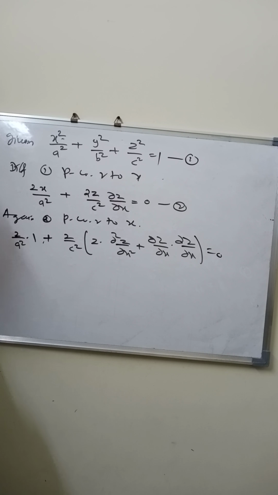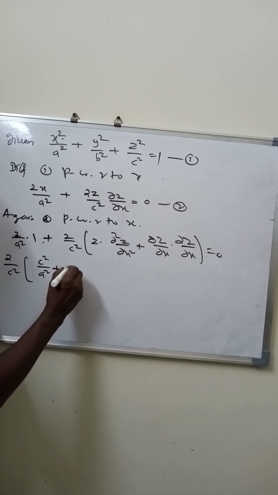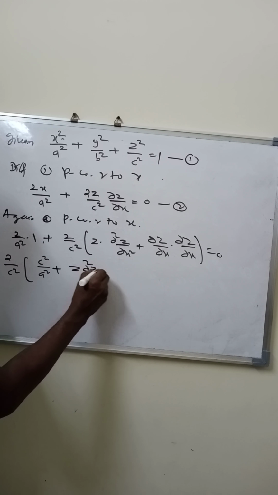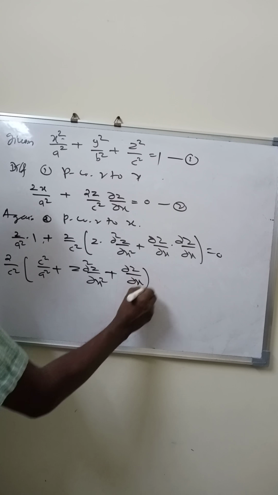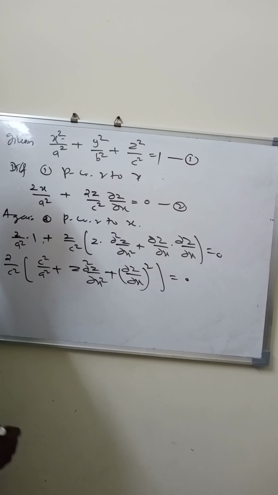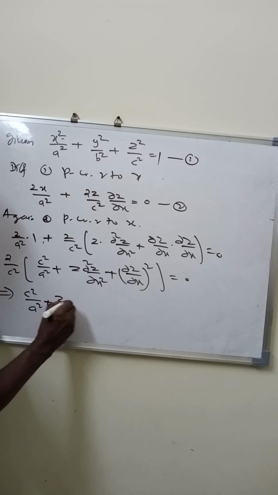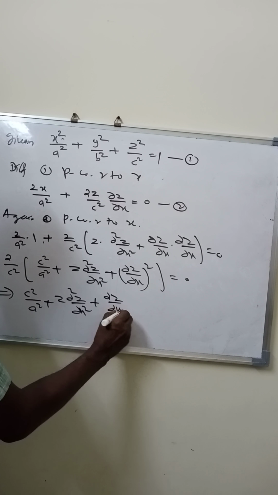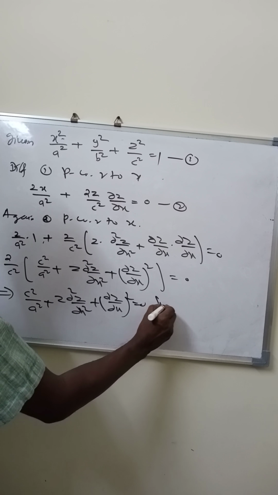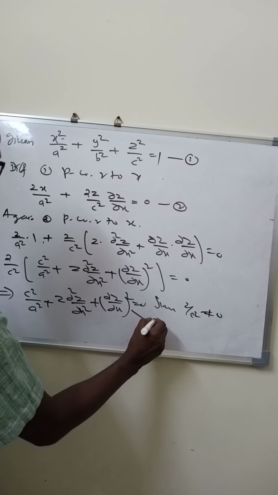From this equation we can take 2 by c square outside, that is 2 by c square into c square by a square plus z into partial d square z by dx square plus dz by dx the whole square equal to 0. Since 2 by c square is not equal to 0, you can write c square by a square plus z into d square z by dx square plus partial dz by dx the whole square equal to 0, and denote this equation as 3.